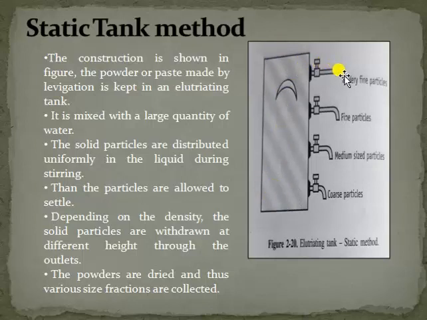Very fine particles are collected from this outlet, fine particles from this outlet, medium-sized particles from this outlet, and coarse particles from the bottom of the container. The powders are dried and thus various size fractions are collected.